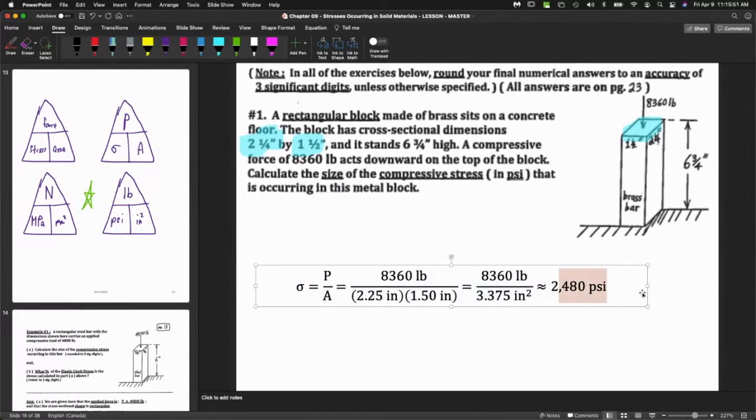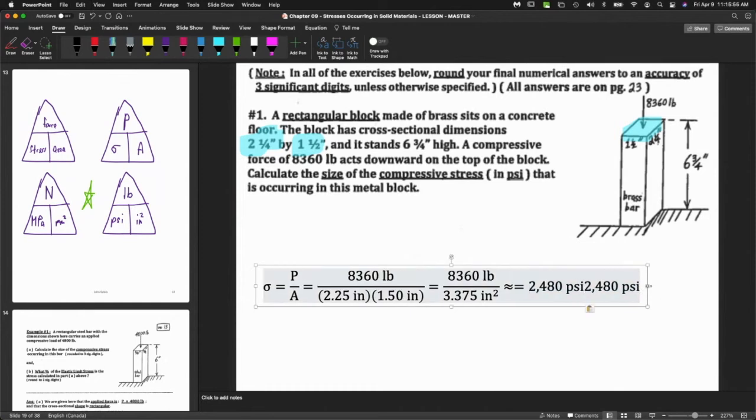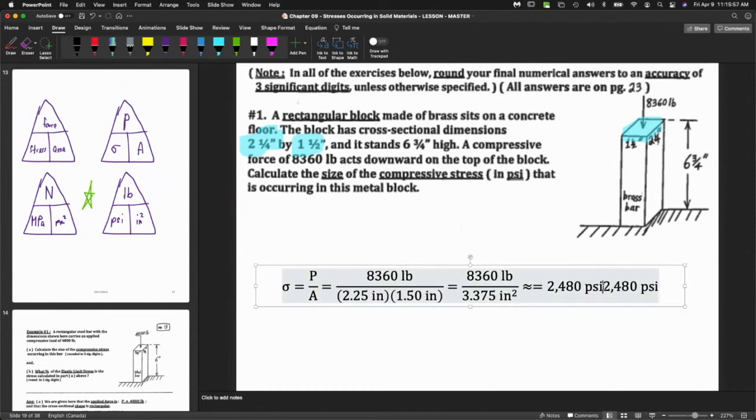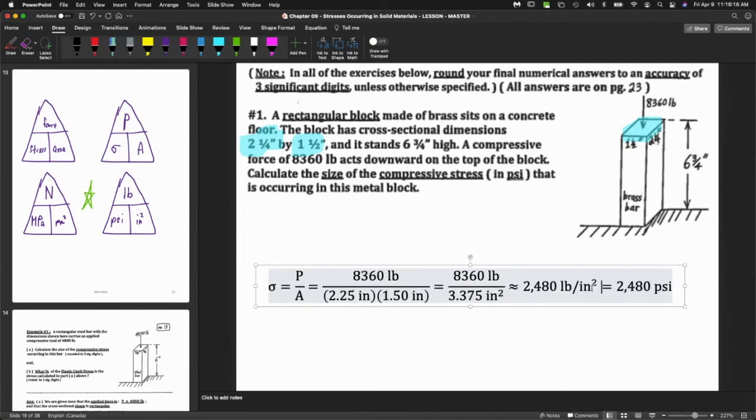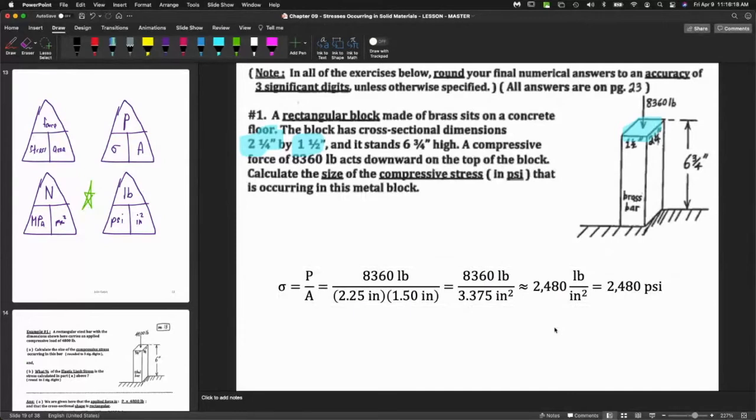Because the units are consistent, but I can clarify that by just writing an extra line. Hopefully that makes life a little bit easier for people. Remember, pounds per square inch. Pounds per square inch literally means psi.